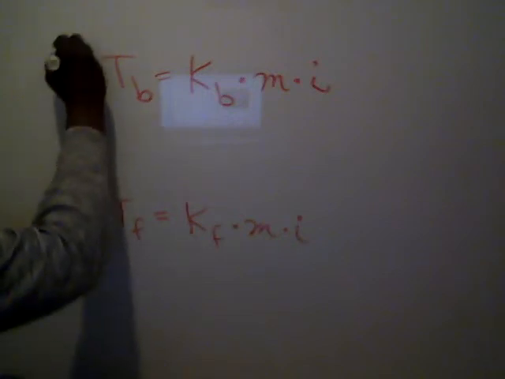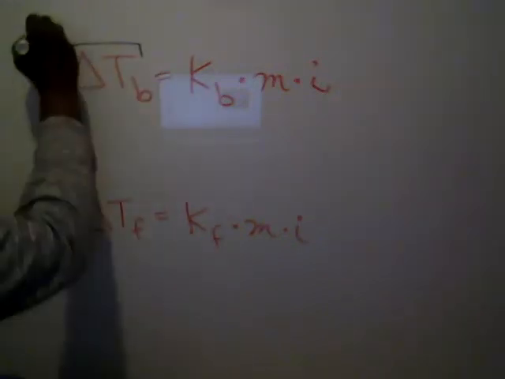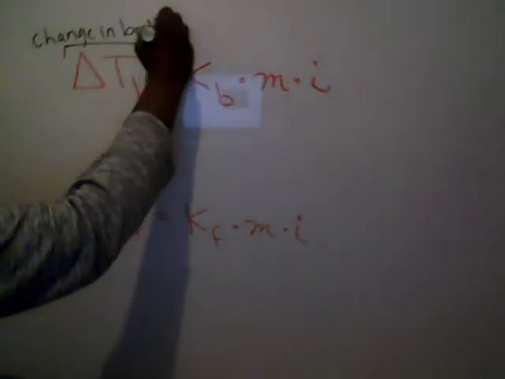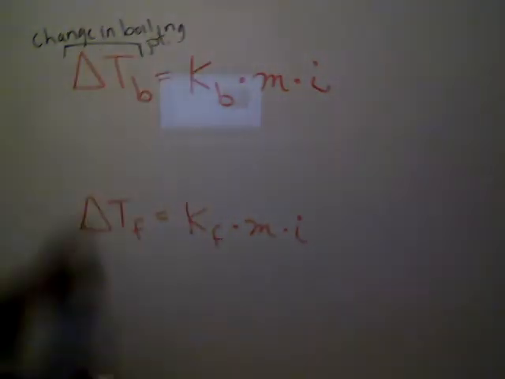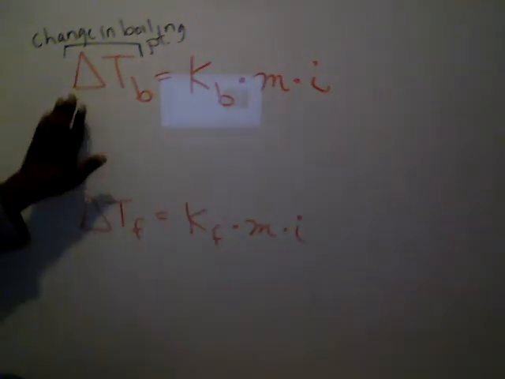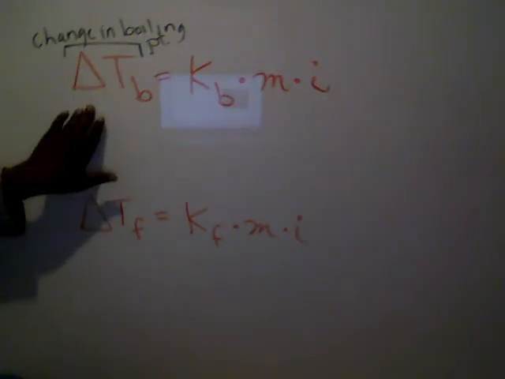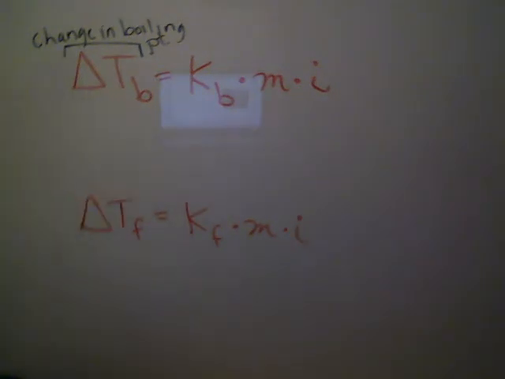These guys here, this is the change in boiling point. When you do this calculation, it's not going to give you the new boiling point. It's going to tell you by how much it changed. So once you solve this equation, you'll have to actually do one more step to get to what the new boiling point will be, but we'll look at that in a second.